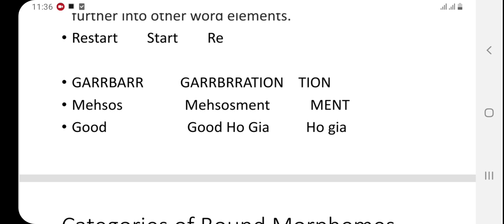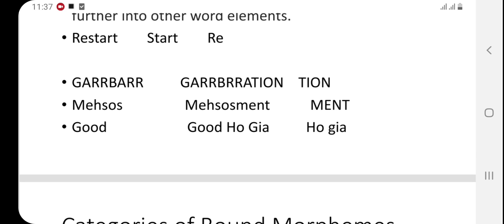So I request you all to please avoid such addition of bound morphemes with the Urdu language, because first thing you have to keep in your mind, free morphemes or bound morphemes, we can have the morphemes within the language. We cannot attach morphemes, bound or free, from another language to our language, or an English speaking person cannot have bound and free morphemes from Urdu language to attach it with English.